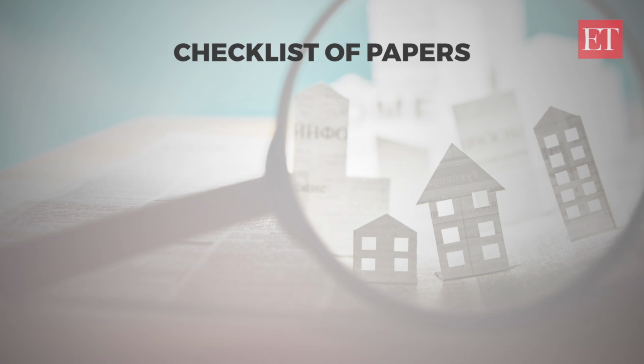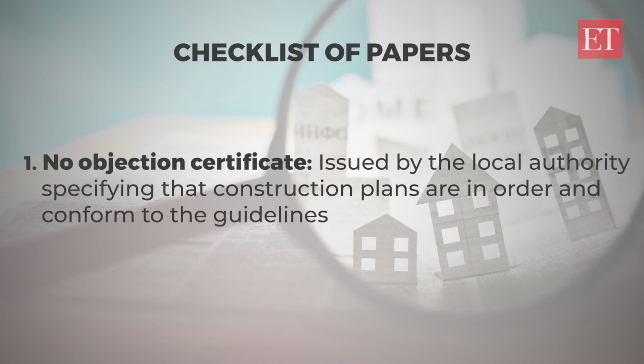Number one is the no objection certificate. Before buying the property, the buyer can ascertain if the NOC is in place. It basically tells you that the authority has certified that the construction plans are in order and conform to all the guidelines, without which the construction cannot really progress.